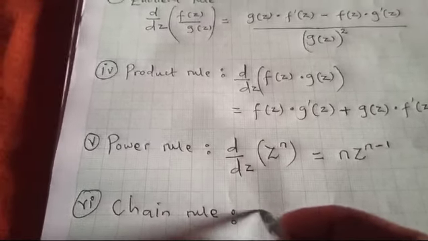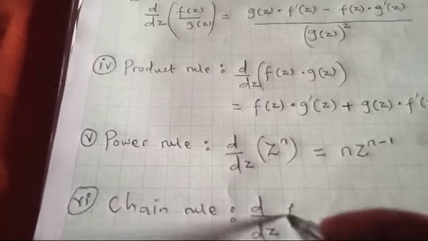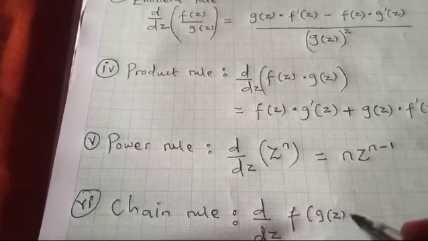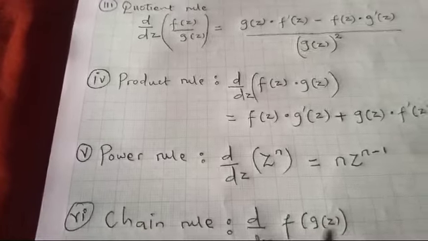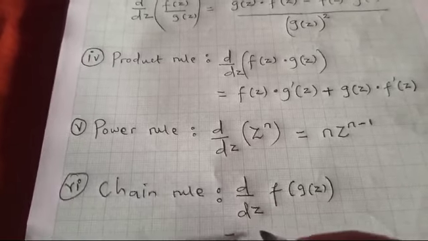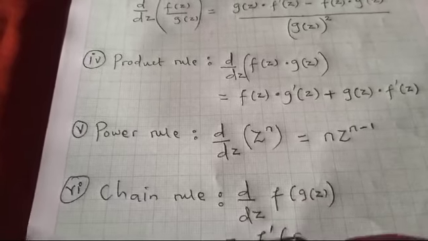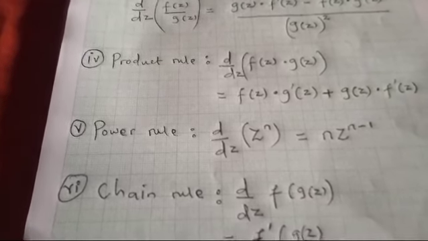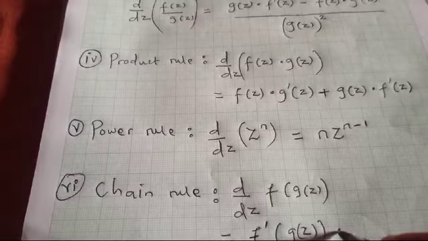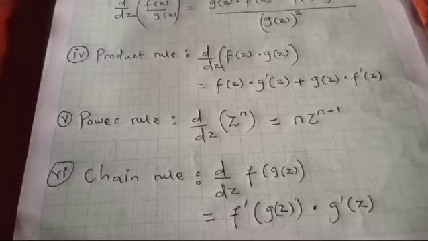When you have the function f of g of z and you want to find the derivative, you find the derivative of the outside function, which is f prime of g of z. Then you multiply this by the derivative of the inside function.